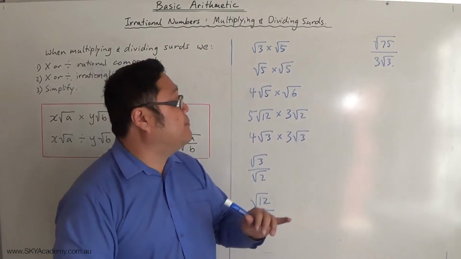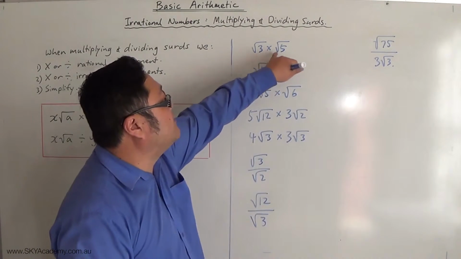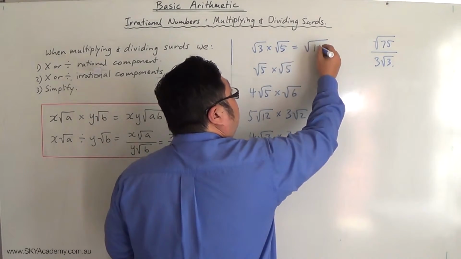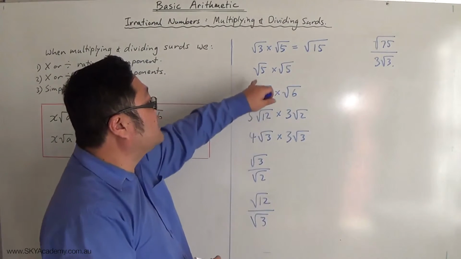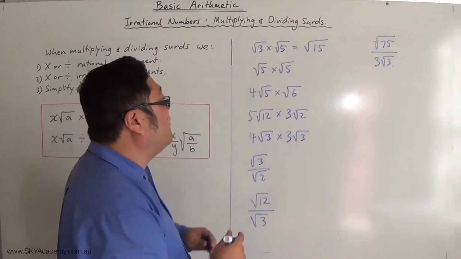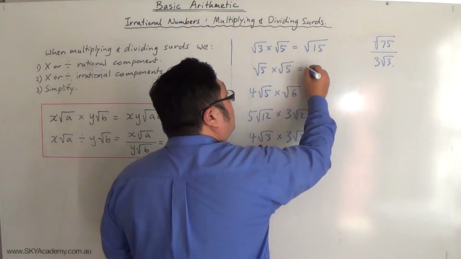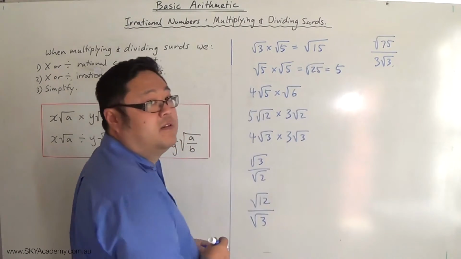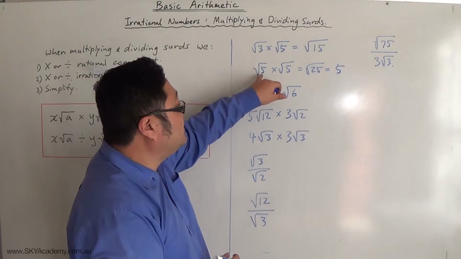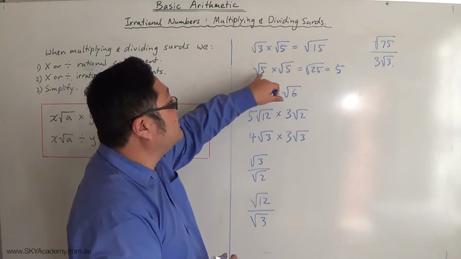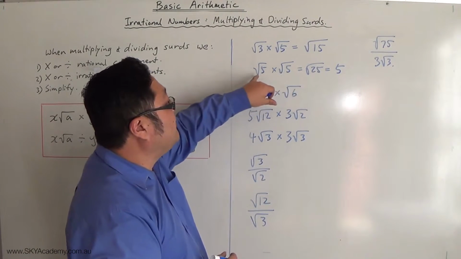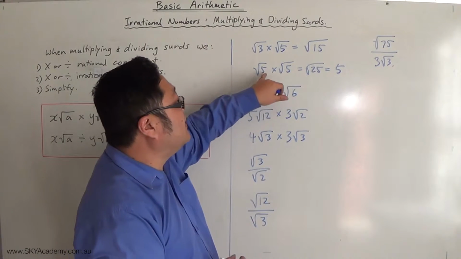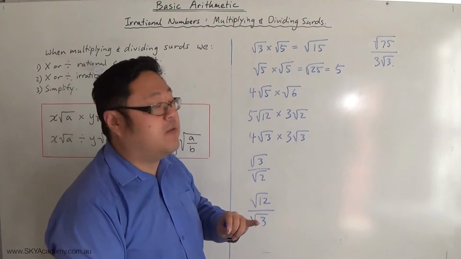It's really quite simple. The square root of 3 times the square root of 5 would just be the square root of 15. The square root of 5 times the square root of 5 would be the square root of 25, which would just be 5. You can see that they're the same number, so if you multiply the same number together, and they're both square rooted, then the square roots will cancel each other out.